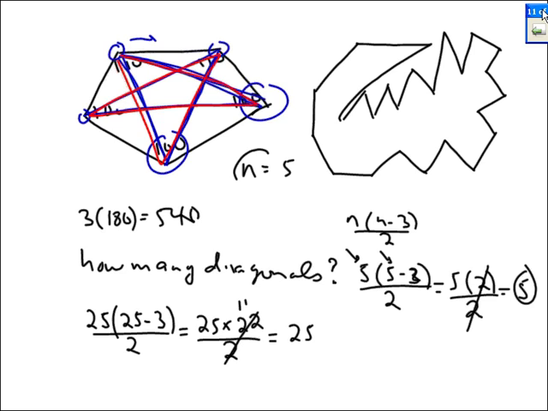It is going to be 25 times 11, which is 275. So you want to draw 275 diagonals and keep good bookkeeping that you actually drew all 275. If in fact you did, go for it.